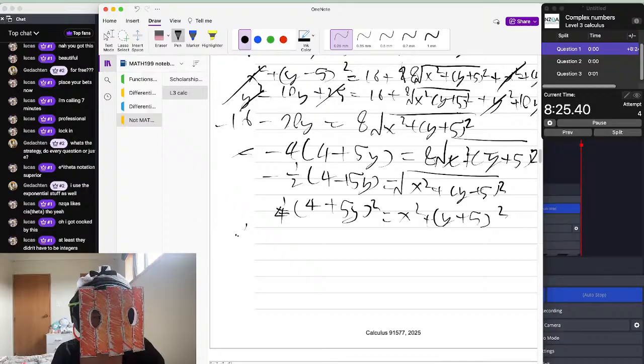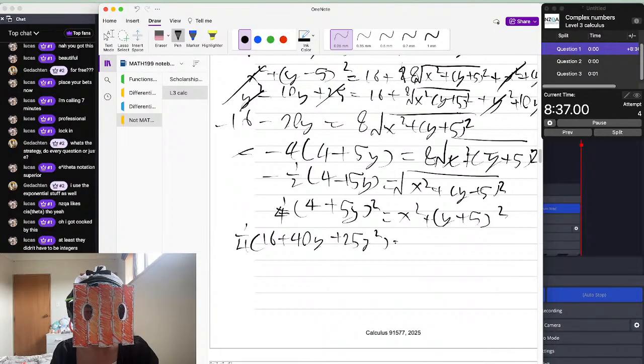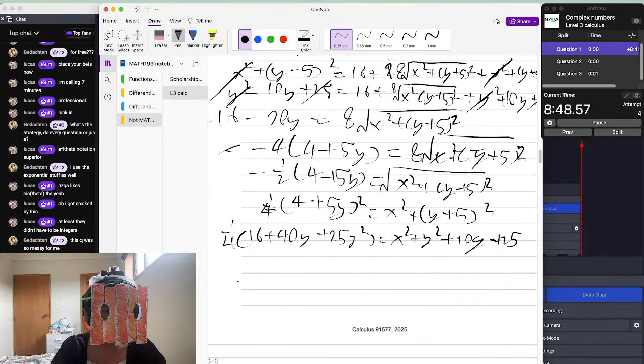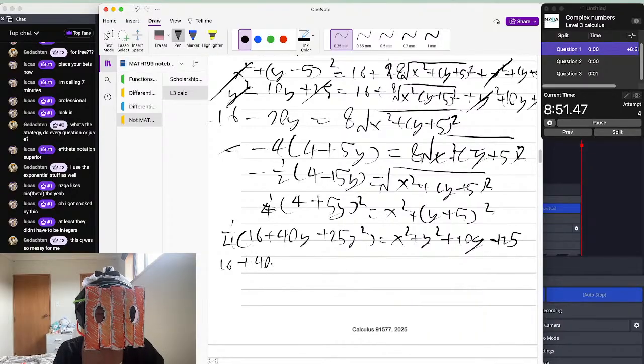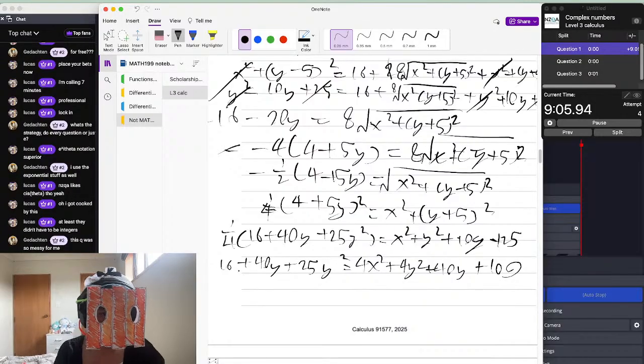And alright, and now 4x squared plus 4y squared plus 40y plus 100. Oh, that's nice.